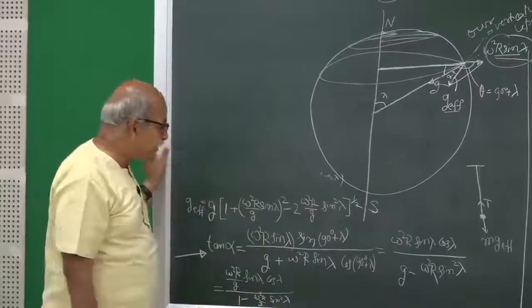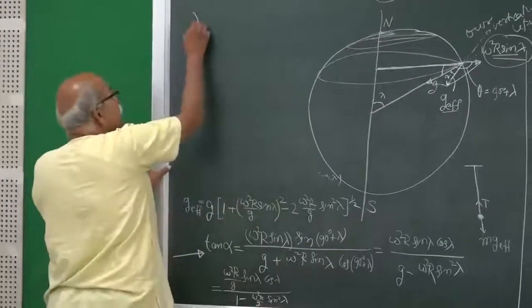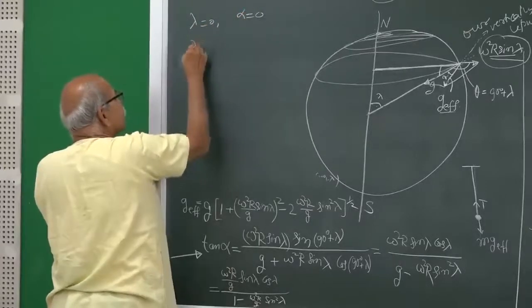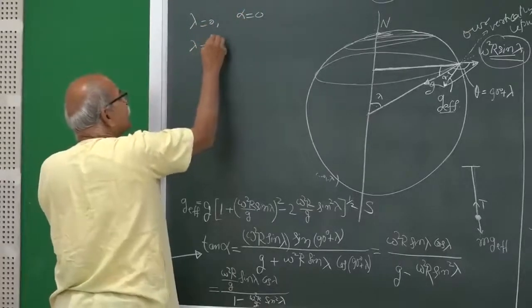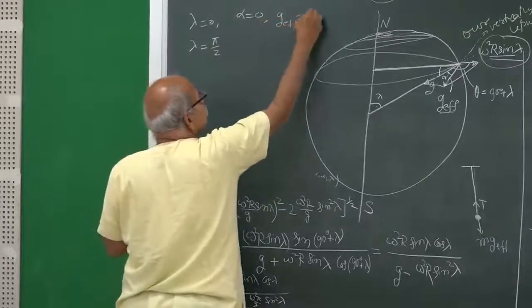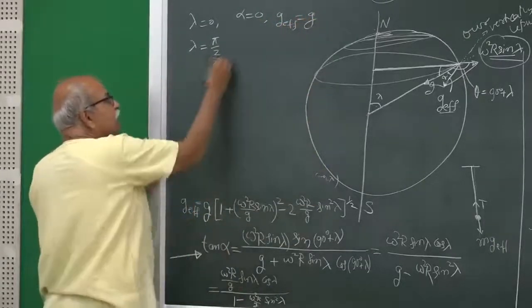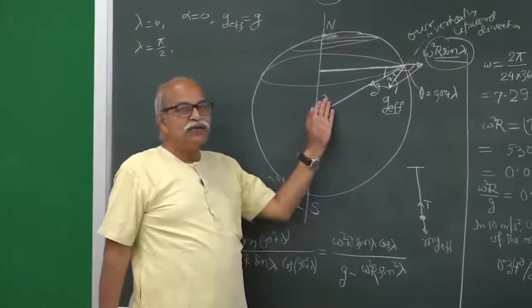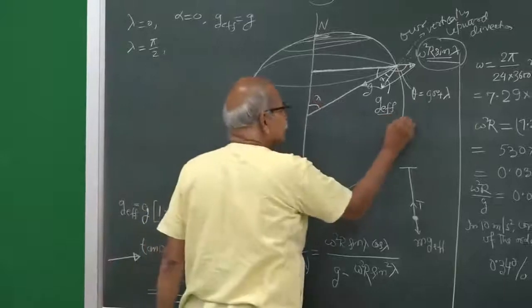What if lambda is equal to pi by 2? If lambda is pi by 2, where are you? You are somewhere on the equator.